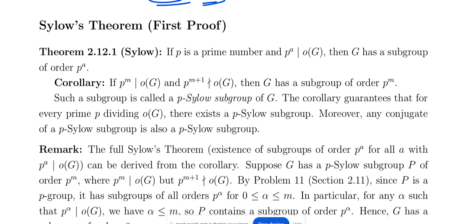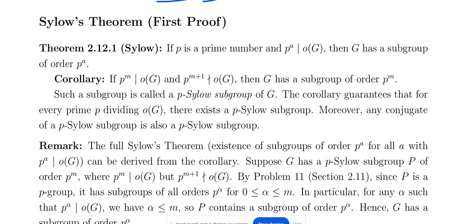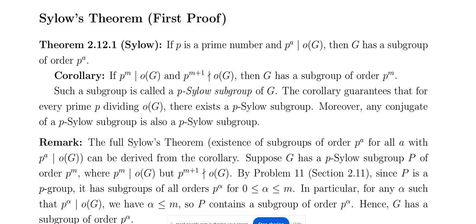The next one is Sylow's theorem. P is a prime number and P power alpha divides the order of G. Then G has a subgroup of order P power alpha.